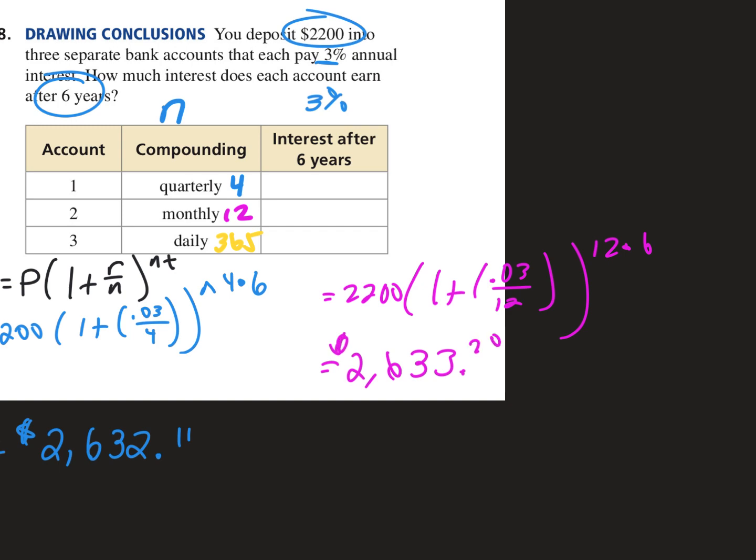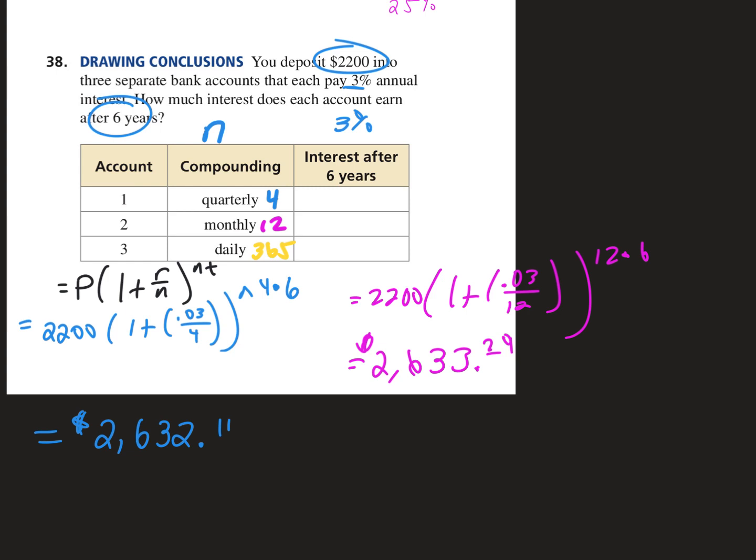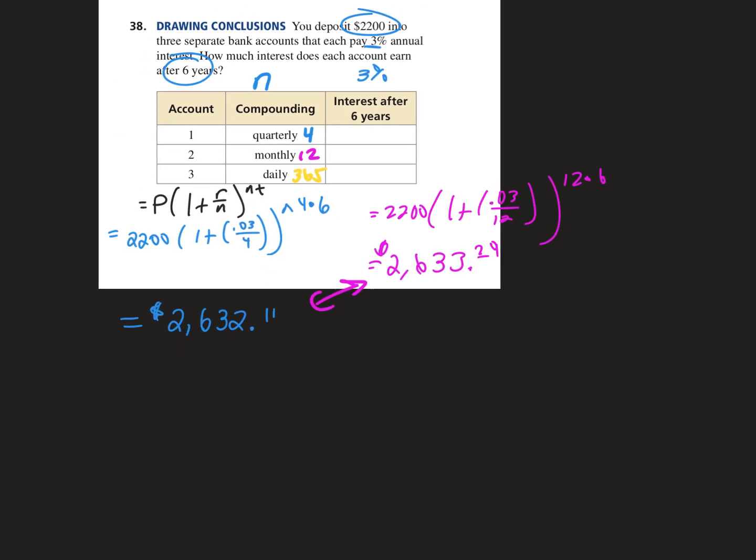And 28? 29? Okay. Again, is that very different? Very different from our original? No, but look how close it is to our two values. Over 6 years, look at the difference when you compound quarterly versus monthly. $1, right? You should not be getting crazy.